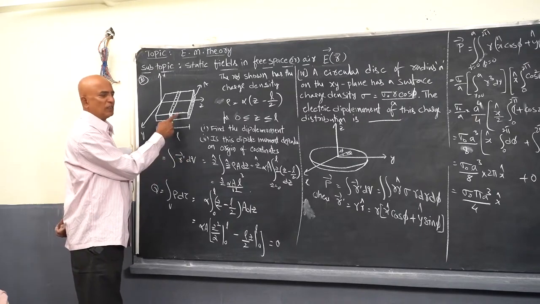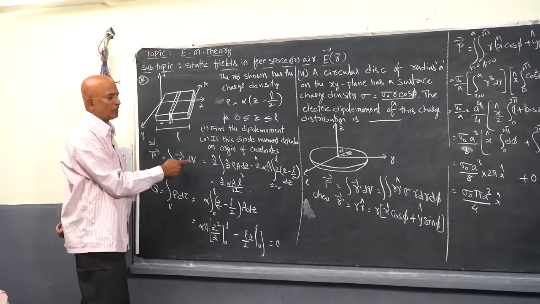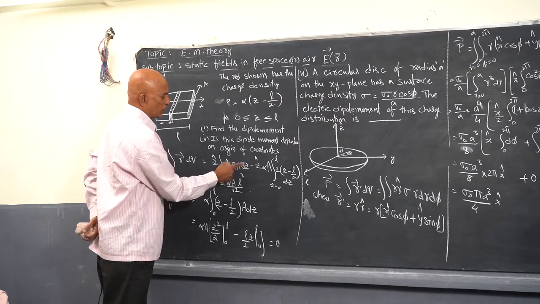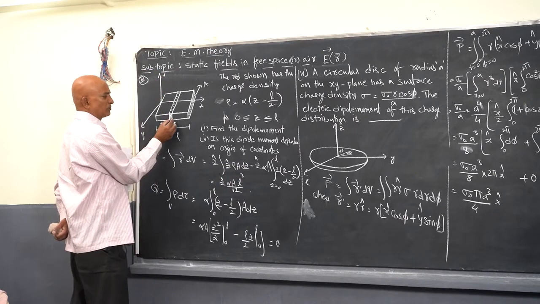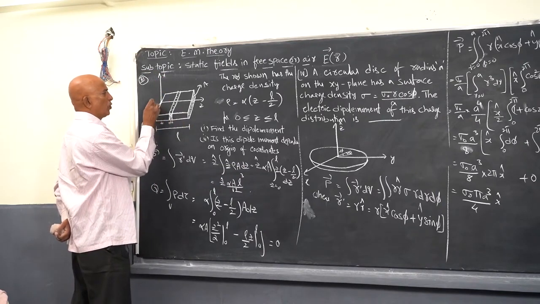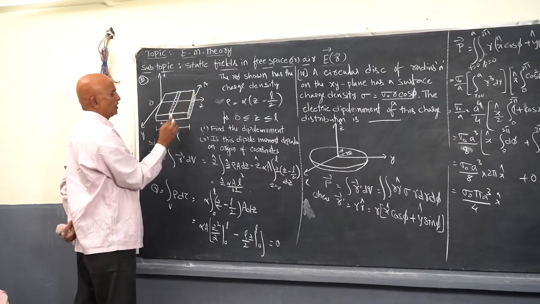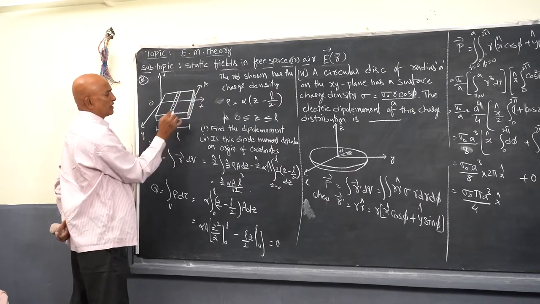In this case, dq is a volume charge distribution, therefore dq is equal to rho into the volume element d tau prime. Here I have taken an element of length dz along the z direction, at a distance z from the origin O. Now the face area of the rod is A. Therefore the volume element d tau prime becomes A dz.